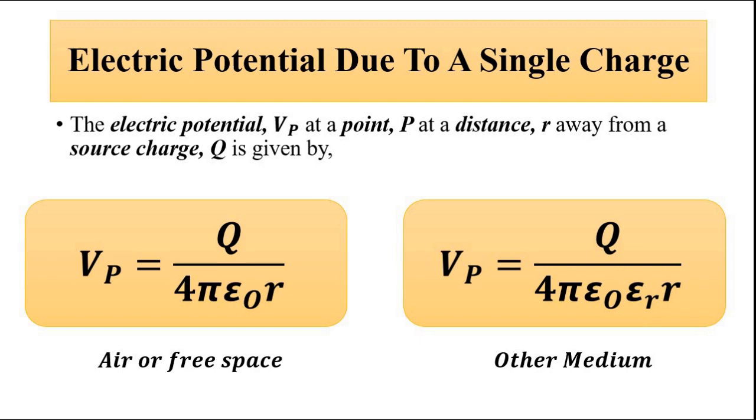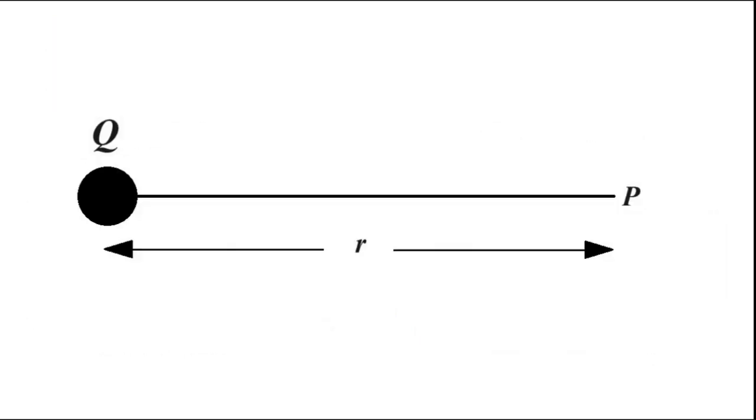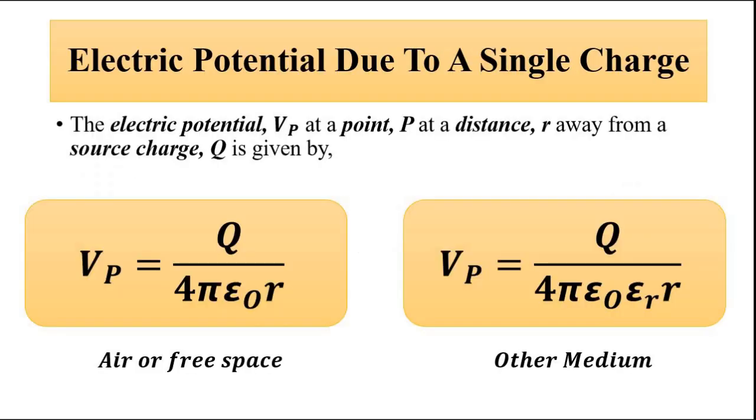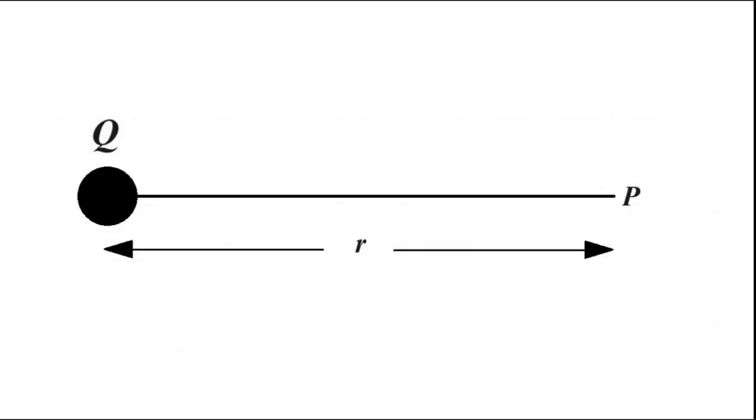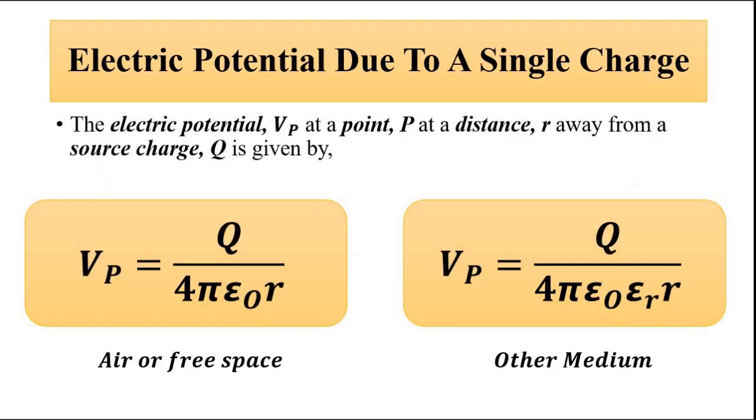R is the distance from the source charge. And if it is in any other medium with the dielectric constant or relative permittivity epsilon r, then it is given by Q by 4 pi epsilon 0 epsilon r r. So the electric potential is directly proportional to the magnitude of charge and inversely proportional to the distance from it.